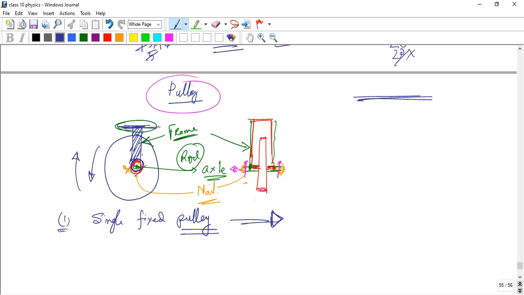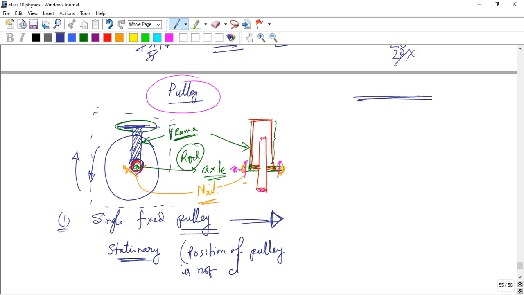The pulley axle is stationary, meaning the total system is stationary and its position is not changed. Single fixed pulley means the position of the pulley does not change.